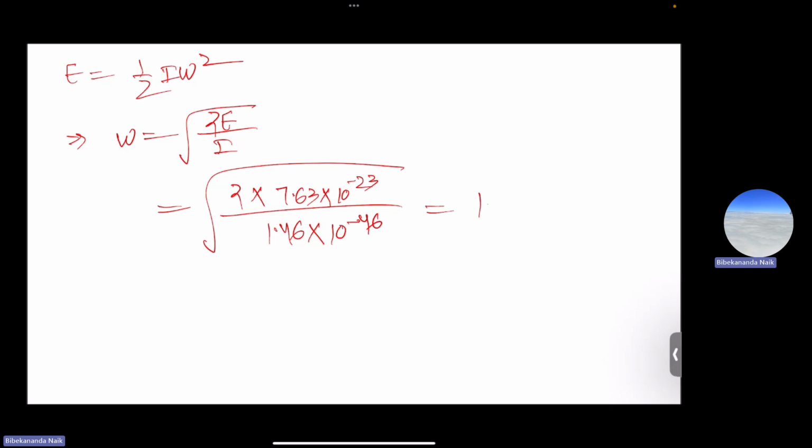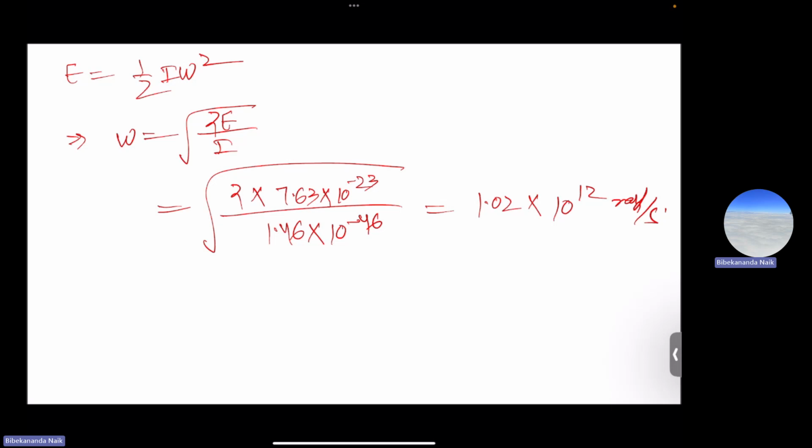If you calculate it, it will give you 1.02 into 10 to the power 12 radian per second, which is the unit of angular velocity.